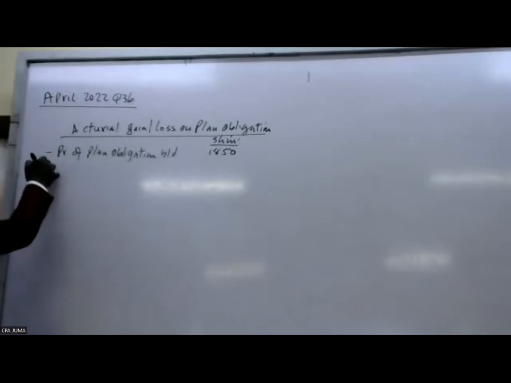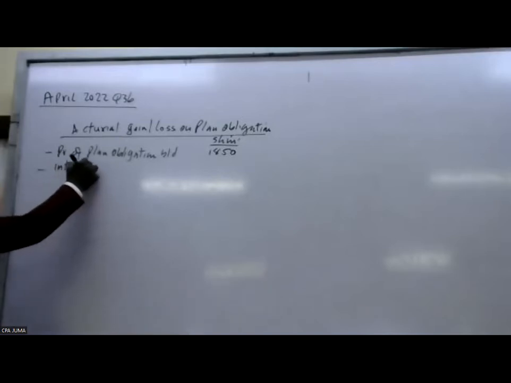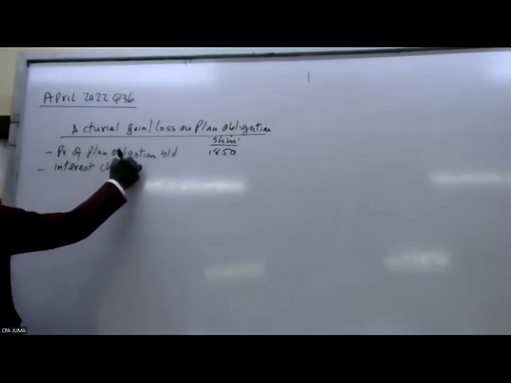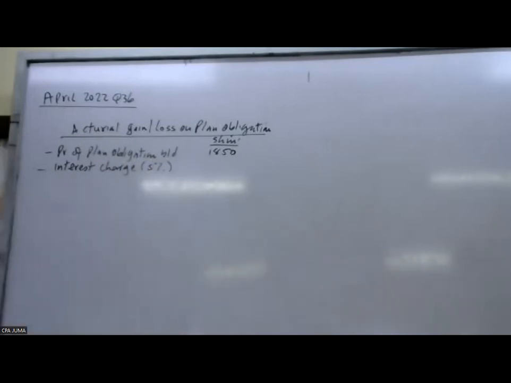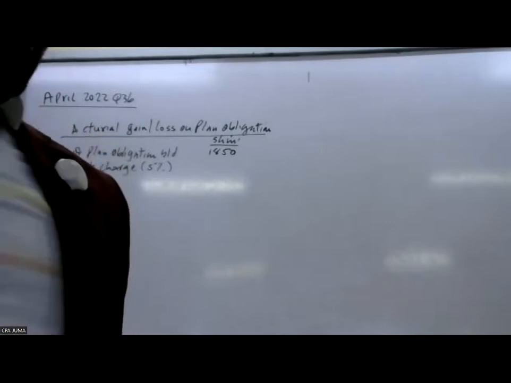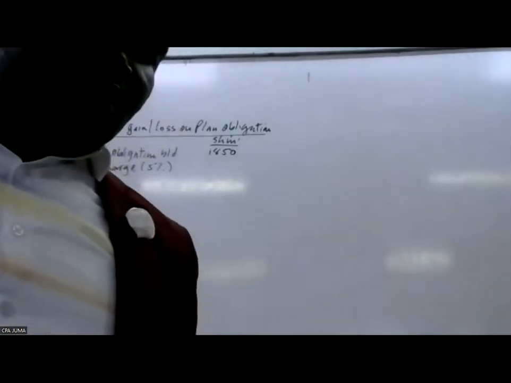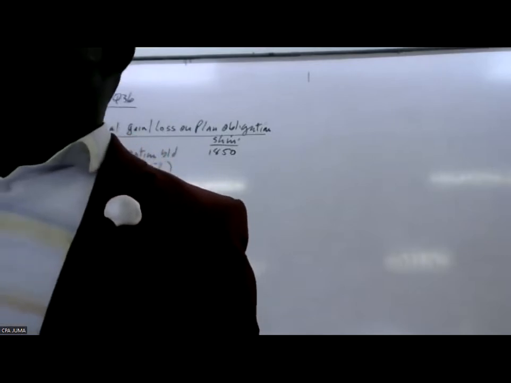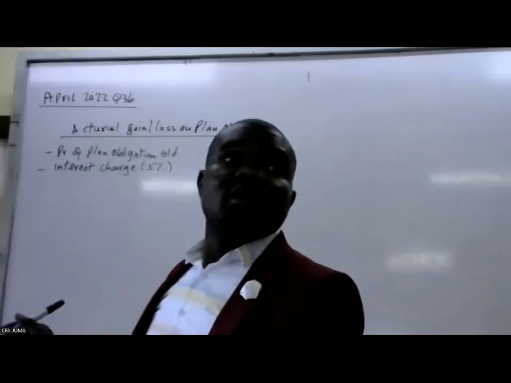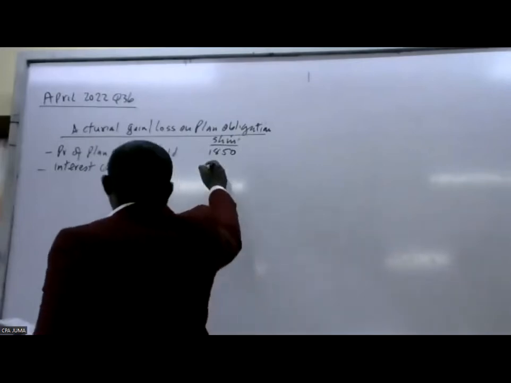Then where is interest? Interest charge or interest expense, 5%. So give me 5% of 1850. You get 92.5.